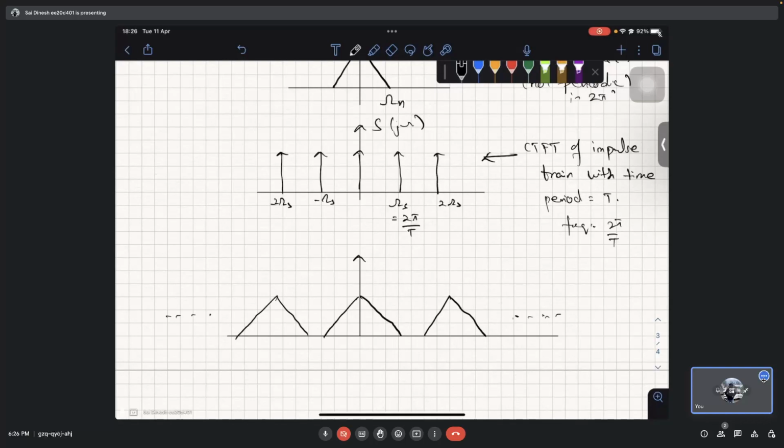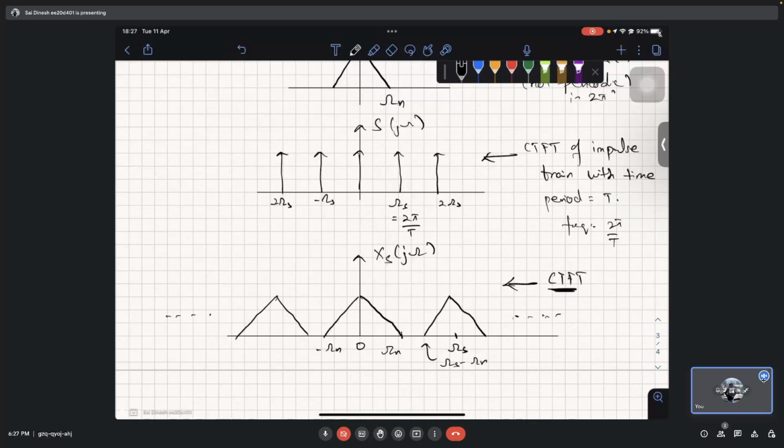So this is 0, this is omega s, this is omega n, this is omega s minus omega n, this is minus omega n. So this actually is Xs of j omega, which is still a CTFT, since it is still continuous.